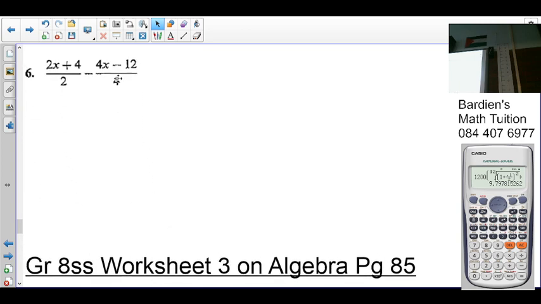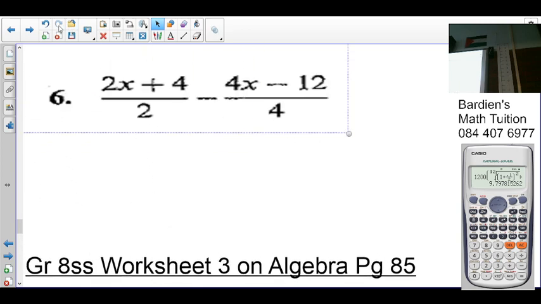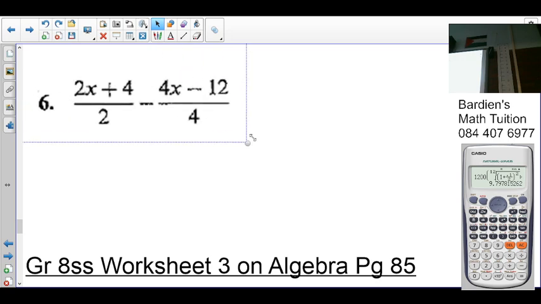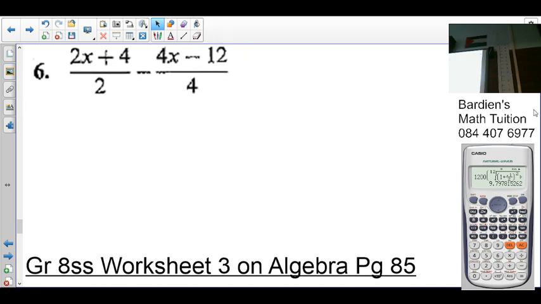Next, number 6. We got 2x plus 4 over 2 minus 4x minus 12 over 4. So are there like terms in the numerator? No. Okay.